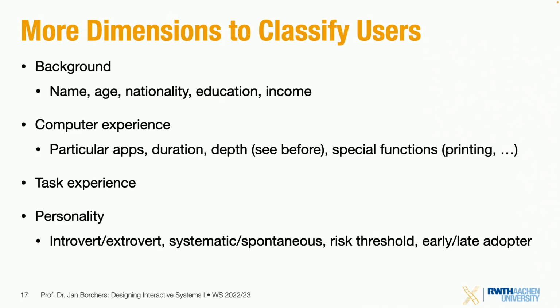Okay, one tends to be maybe a little bit more on the introvert and on the more organized side, a lower risk threshold, more systematic. The other one maybe more extrovert, more spontaneous, and have a higher risk threshold. And people might be early adopters of technology or late adopters of technology. All these things will play in there.